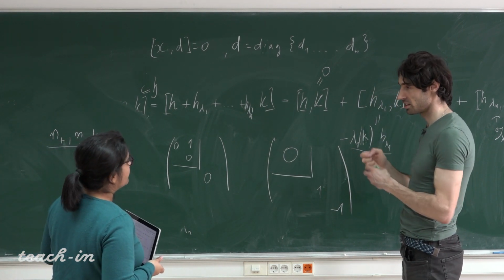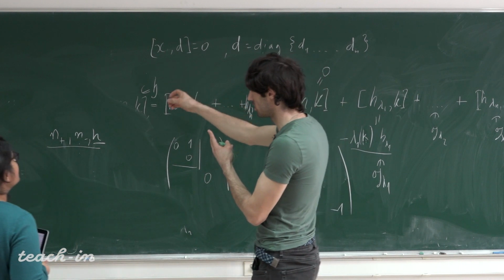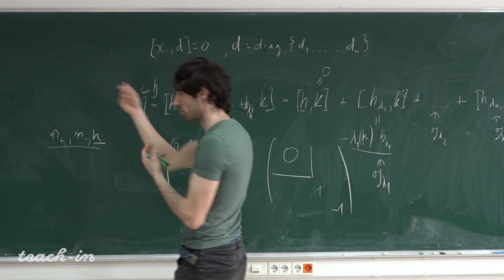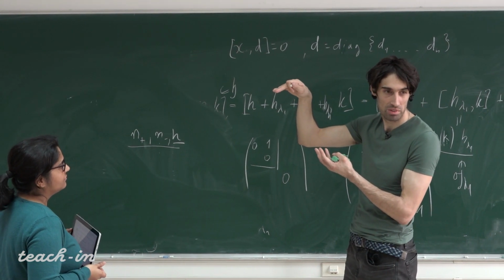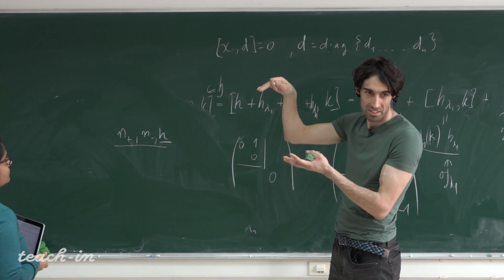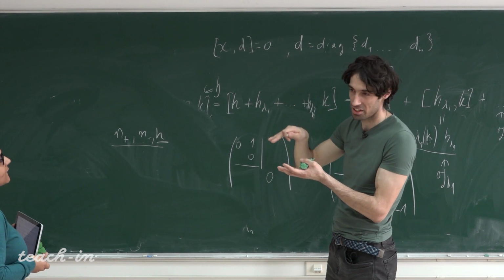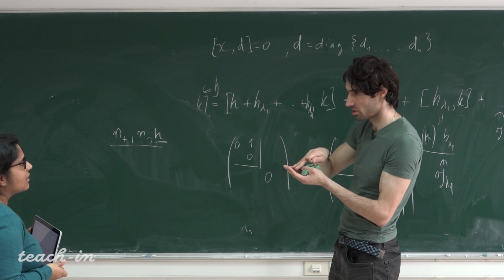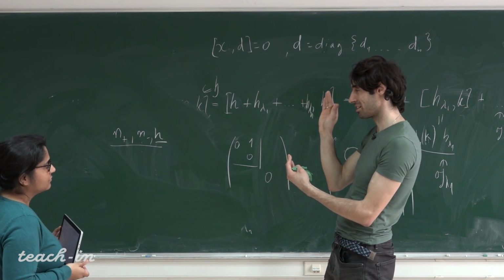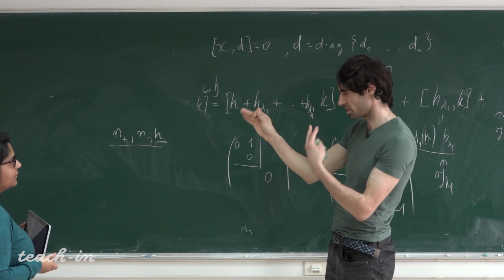Yes. Then if you commute, what do you have? If you multiply from the left, you multiply, I don't know, rows or columns by the d's. I think if you multiply from the left, you multiply rows. If you multiply from the right, it's columns, or the other way around.